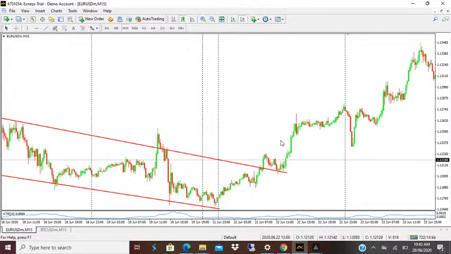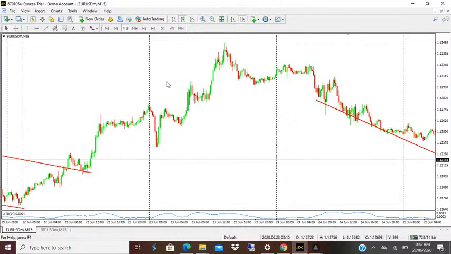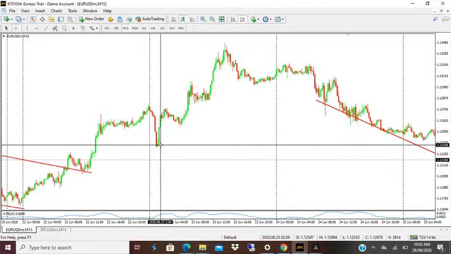So another way that I could know where I'm entering in the market and how far the candlesticks have already gone. For example, if I come to my chart and I want to make a trade.